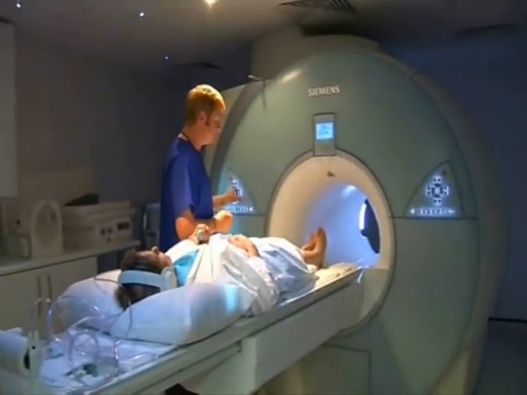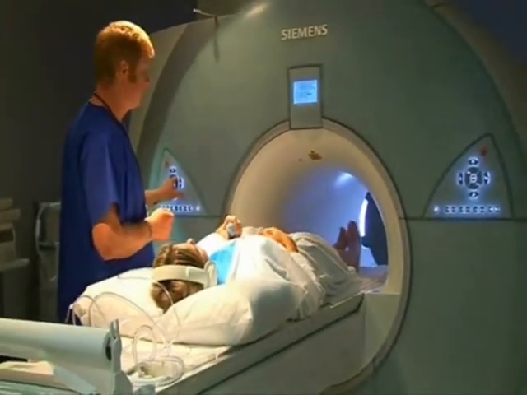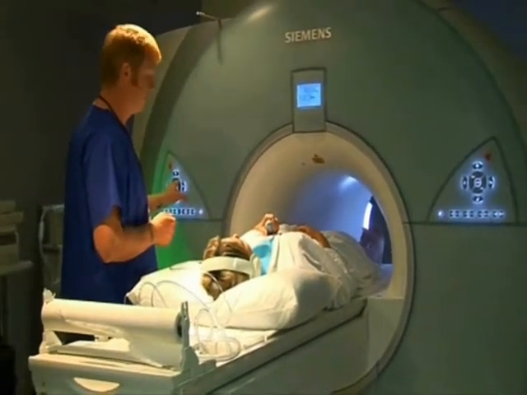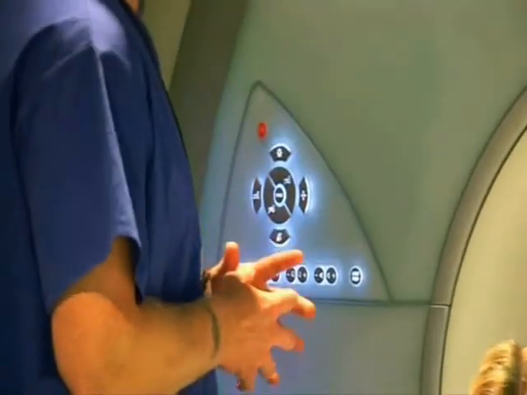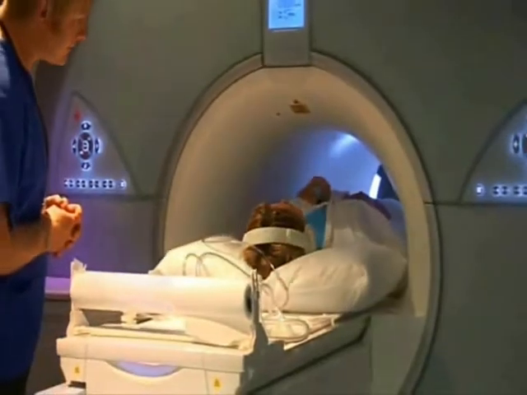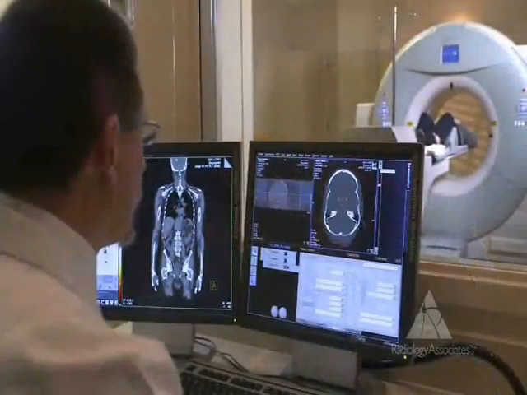You will be gently positioned and secured on the scan table. Your head will be placed into the center of the machine. It is important that you remain still, because even the slightest movement during the exam can blur the picture and result in the need to repeat the scan.